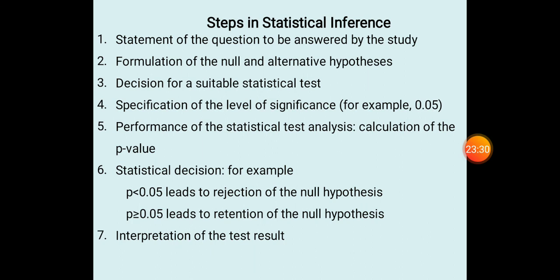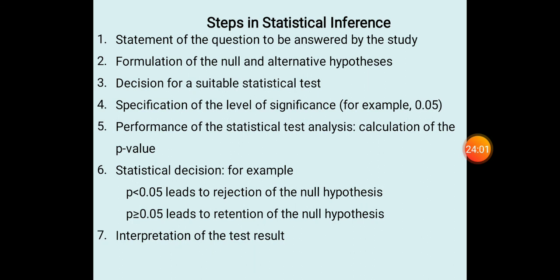Then comes the performance of the statistical test analysis, where we calculate the test statistic, as mentioned previously. That value gives us the p value in our calculation. If it is less than 0.05, we reject the null hypothesis, and if it is greater than 0.05, we accept the null hypothesis.